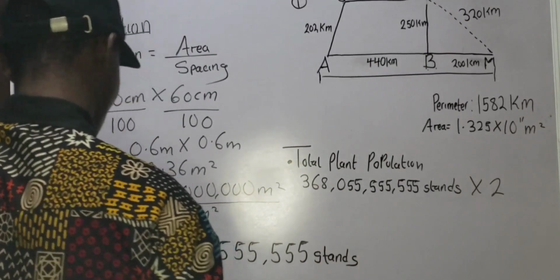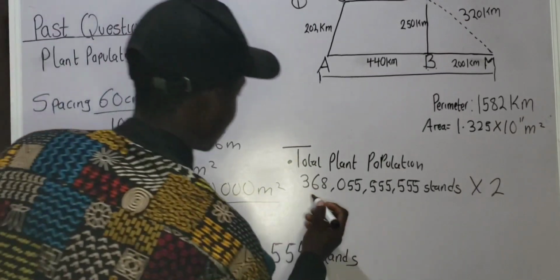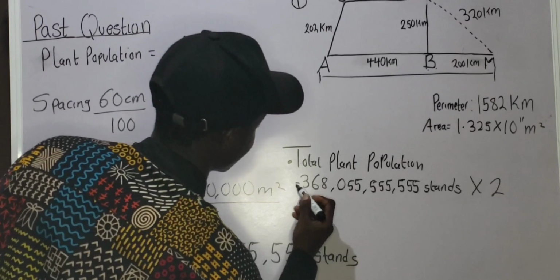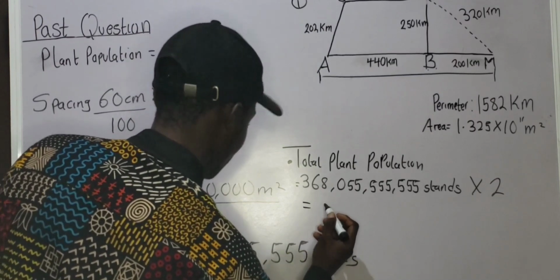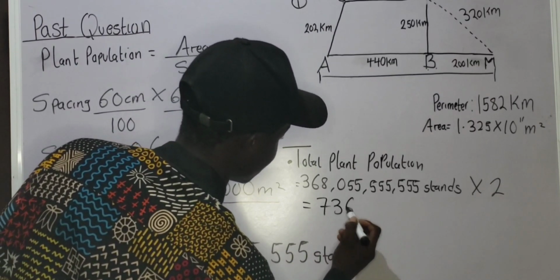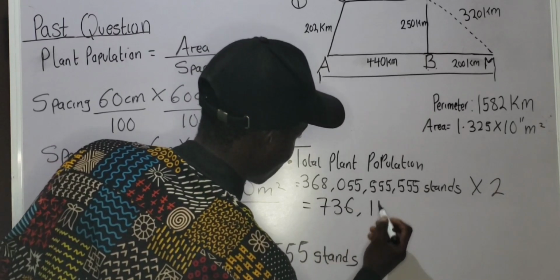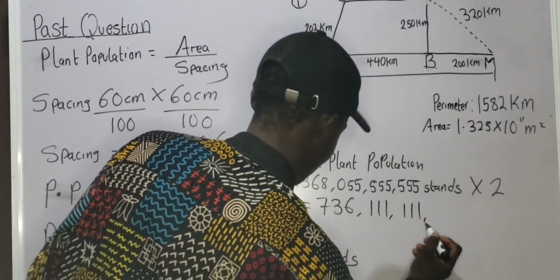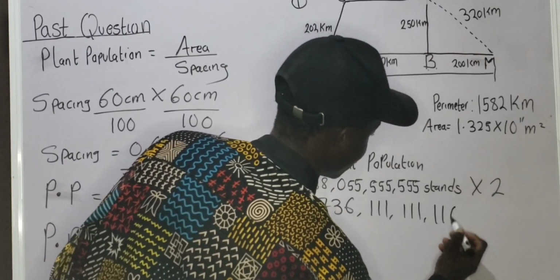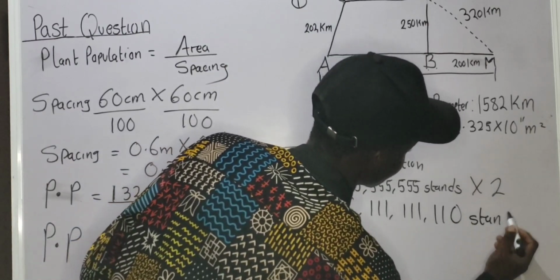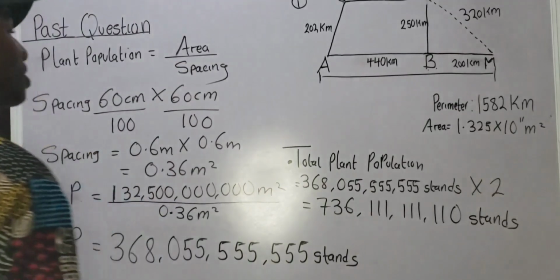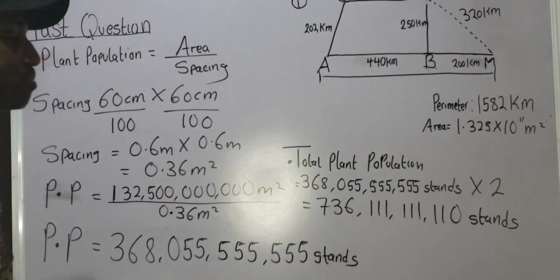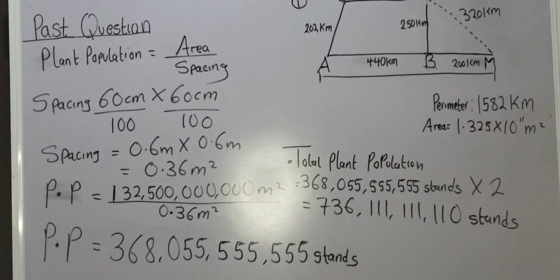Now, if you punch your calculator, you're going to get 736,111,111,110 stands. So the total plant population for the farmland is what? 736 billion 111 million 111,110 stands. Do you understand?